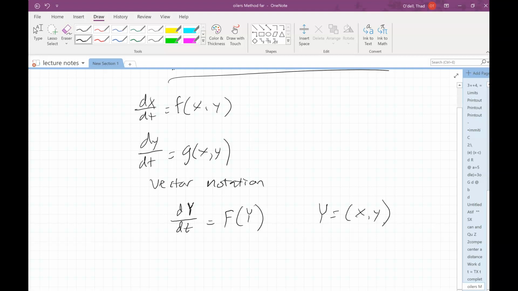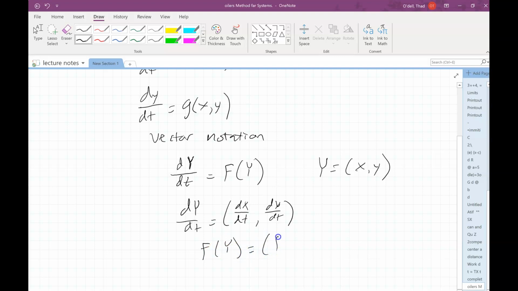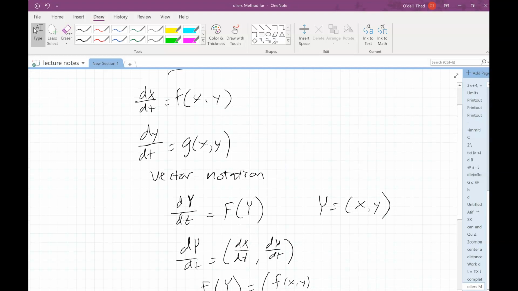Okay? And capital dY/dt is equal to a vector valued function like this. So that means that capital F of Y is going to be equal to f of x comma y. That's this one up here.